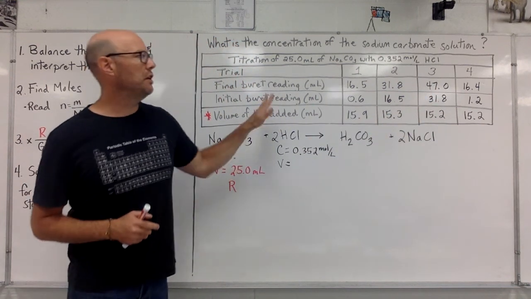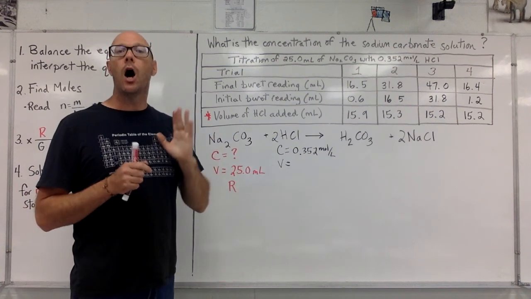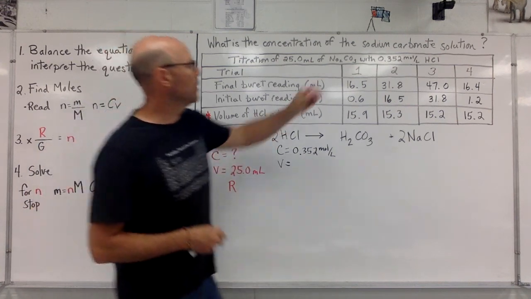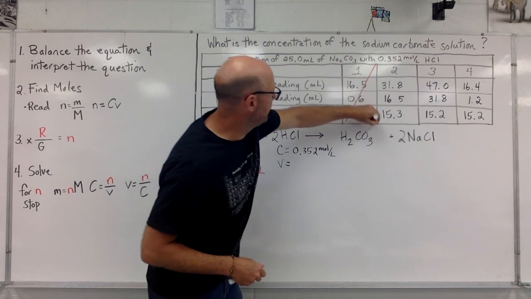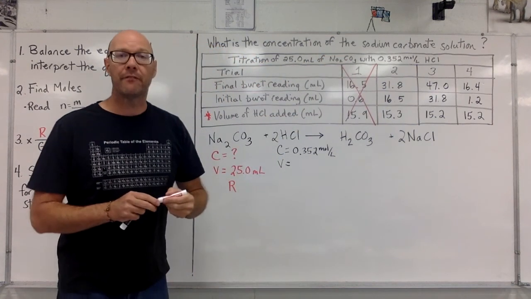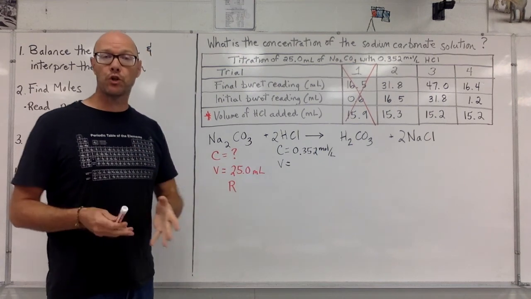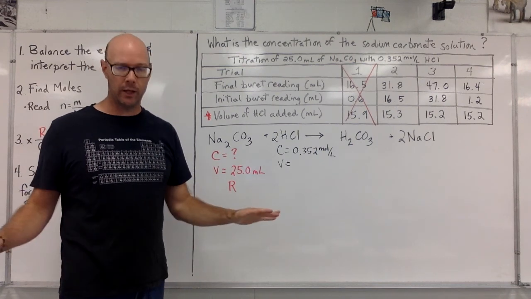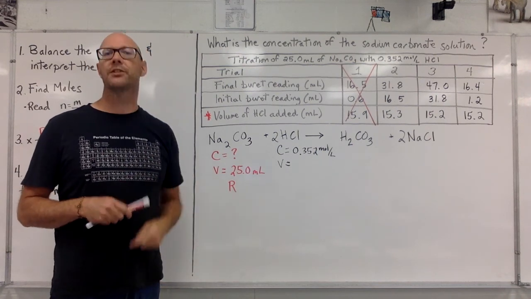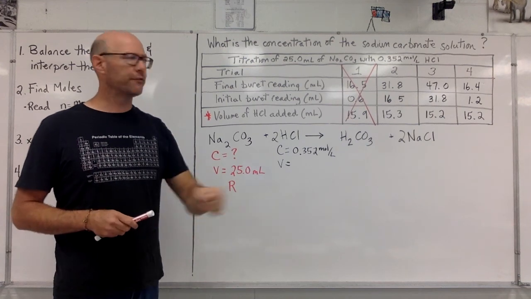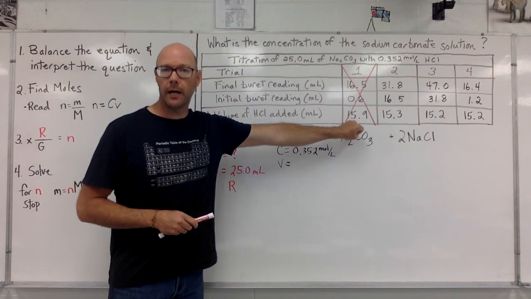As soon as we see 4 trials that were completed, automatically we're going to omit that first trial. That's every time. If you see 4 trials that were completed, ignore the first trial. It's never going to be the second or the third trial, always the first trial. It's going to be out of line with the others.